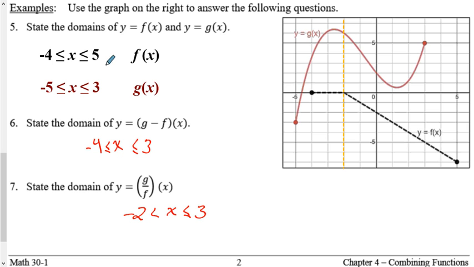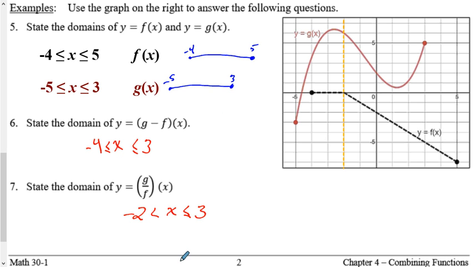So if I thought in terms of a number line, this first graph goes from -4 up to +5, although I didn't draw the whole number line. And then the g of x function had a left end at -5 and a right end at +3.